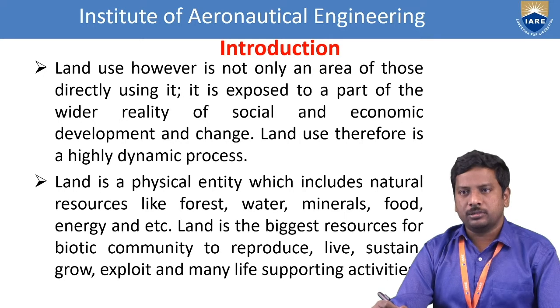That means our natural resources like forest, water, minerals, food, and energy depend upon the quality of the land. And land is the biggest resource not only for the biotic community, like plants, animals, and so many others that reproduce; each and every living organism depends upon the land resources.